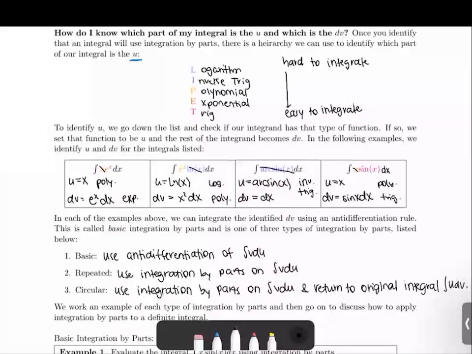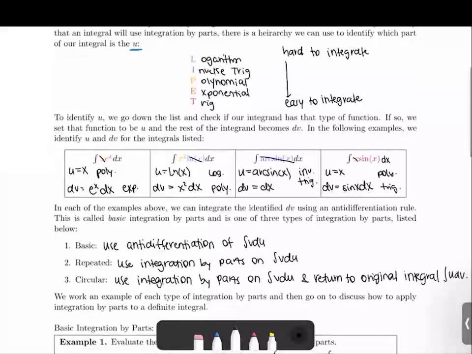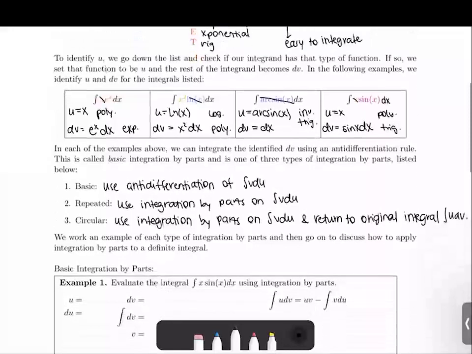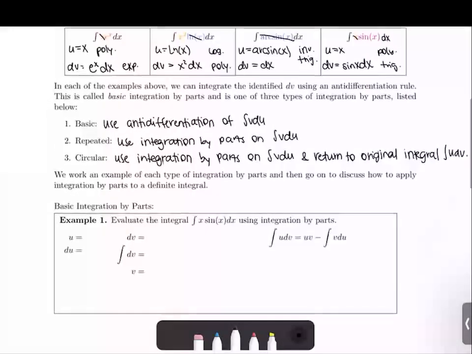So when we repeat that integration by parts, we actually get back to our original integral, and then we have to do some algebra. So this is kind of an overview of what integration by parts is. In this video, we will finish by working an example of the basic integration by parts.